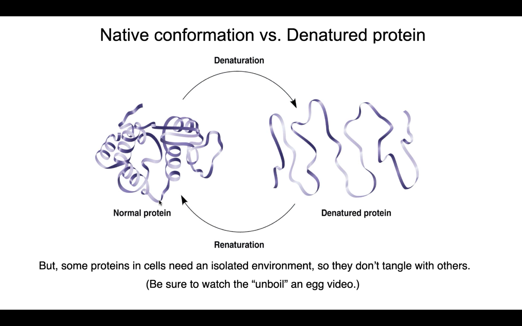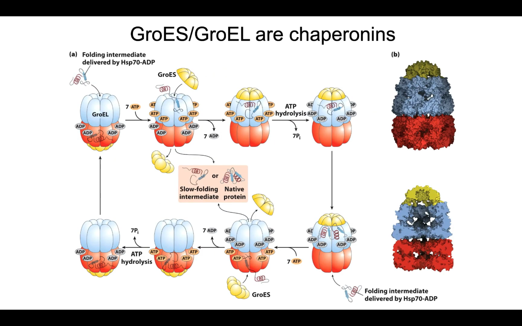But here's the problem. Make sure you watch the unboil an egg video, because it shows you something that, even though each individual protein has the information necessary to fold, sometimes within a cell you've got so many proteins trying to fold, they tangle up with each other, and that doesn't allow them to fold properly. So sometimes cells need this artificial, isolated environment in which to properly fold so they don't tangle with others, and those are chaperonins.